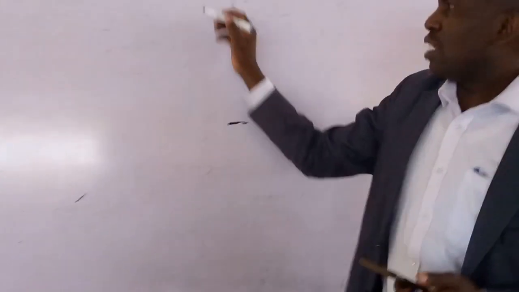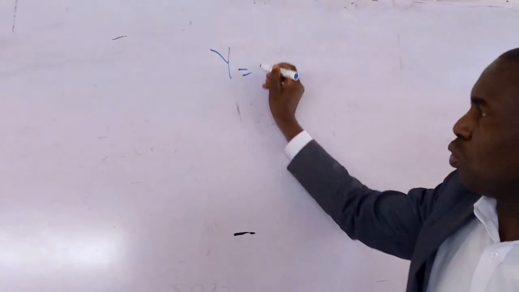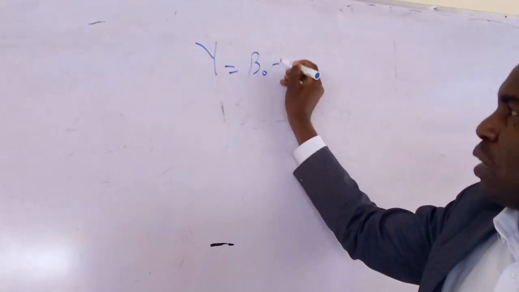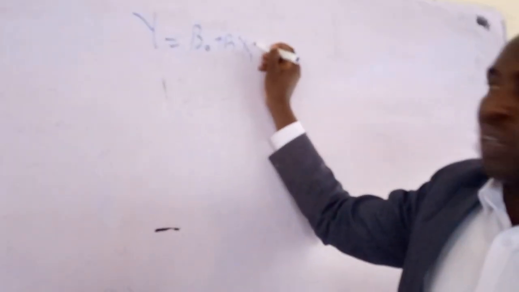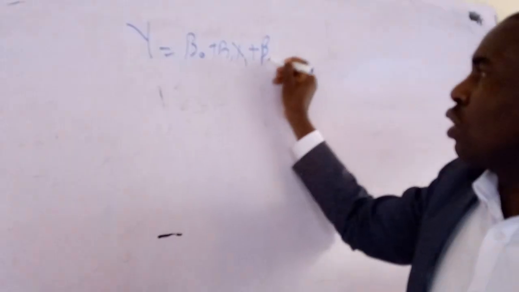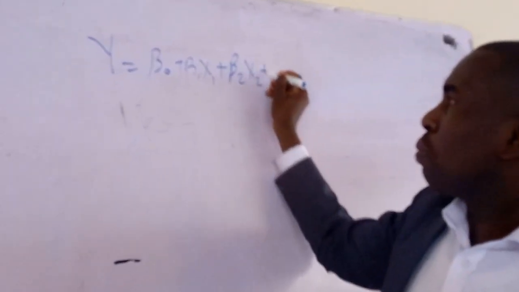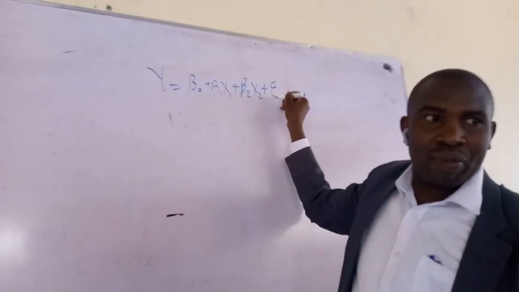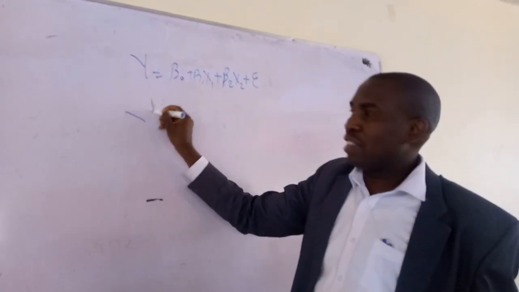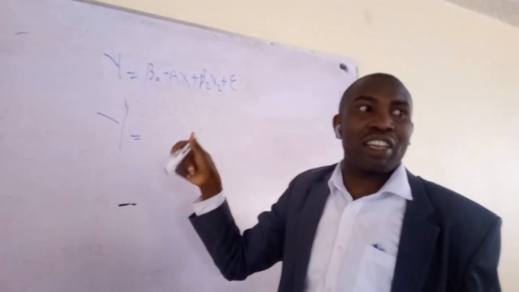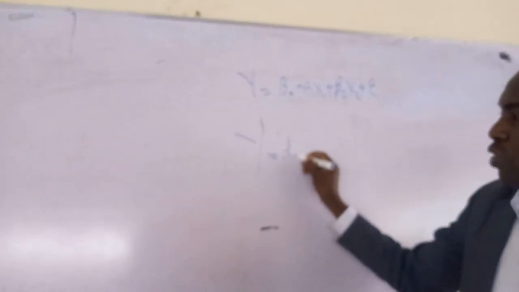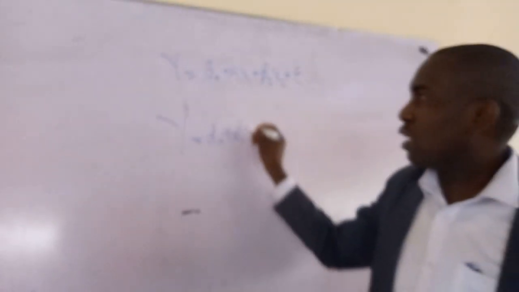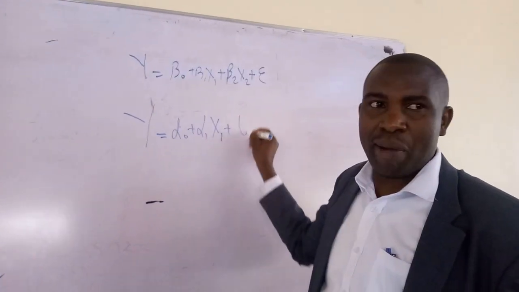Assuming this is the right model, y equals beta naught plus beta 1 x1 plus beta 2 x2 plus the error term. But you go ahead and run this. You see, this is the formal test. You run y equals alpha naught plus alpha 1 x1 plus the error term.